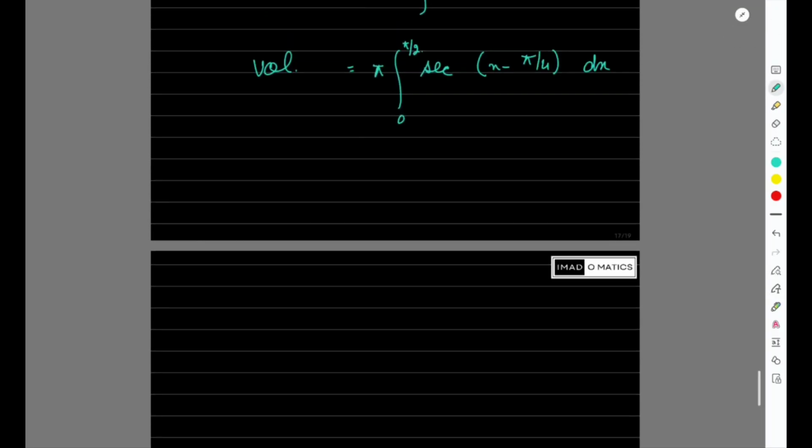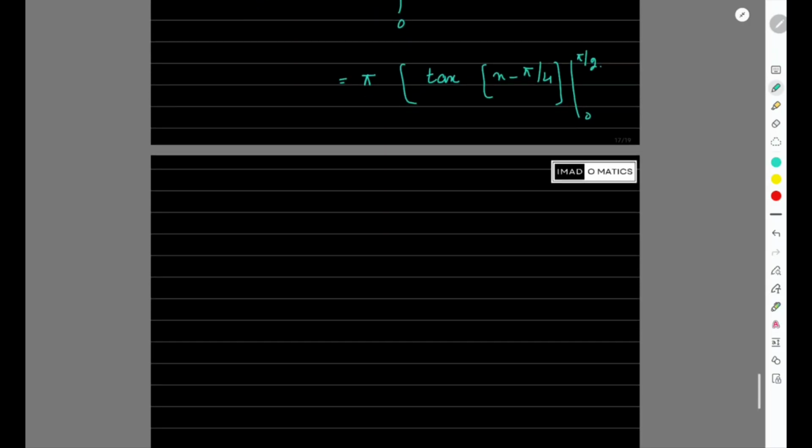Let's integrate. You know that the integration of secant squared theta is tan theta. Here we have tan of (x minus pi by 4) in the range 0 to pi by 2.